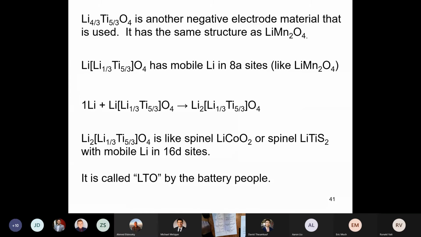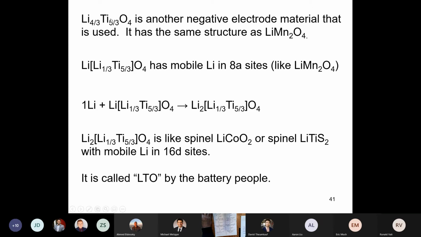So now I want to talk about lithium titanate for a few minutes, okay? So lithium titanate is another negative electrode material that's used. It has the same structure as LiMn2O4, which we talked about in the positive electrode material structures part.